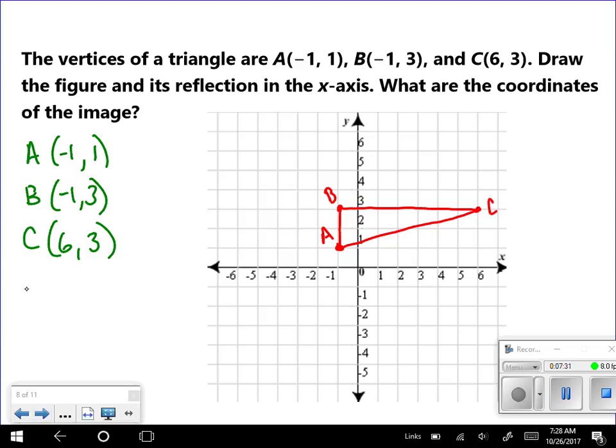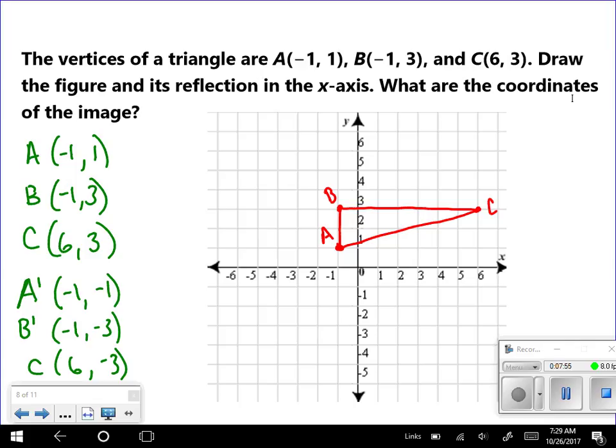So all I'm going to do to find A prime is change my y-coordinate to its opposite. So if it was 1, it's going to be -1. If this was 3, it's going to now be -3. And if this was 3, it's now going to be -3. All I did was change all my y coordinates to their opposite.